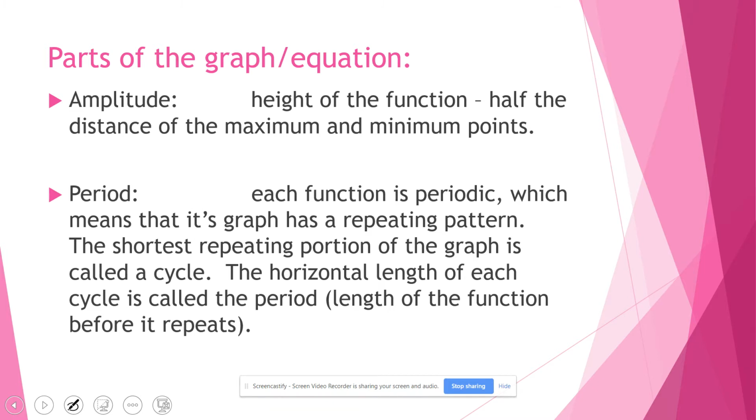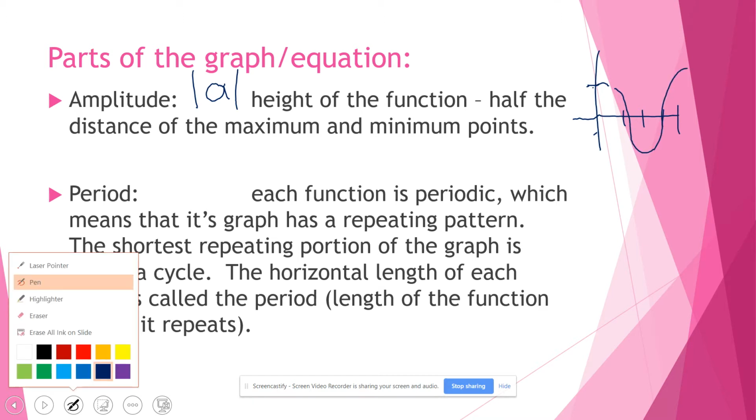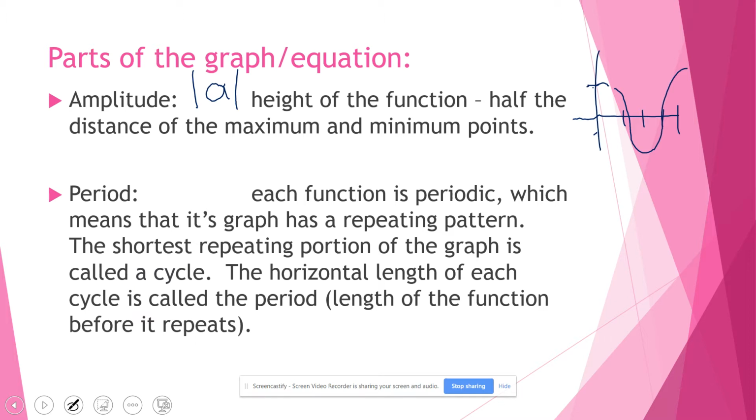All right, the amplitude. The amplitude is the absolute value of A. It's the height of your graph. So if this is my graph, then if this is the top of your graph and this is the bottom, whatever that distance is, half of it is your amplitude.